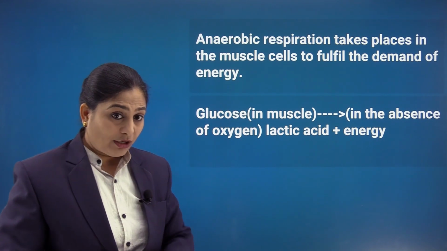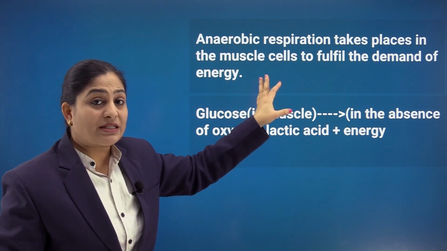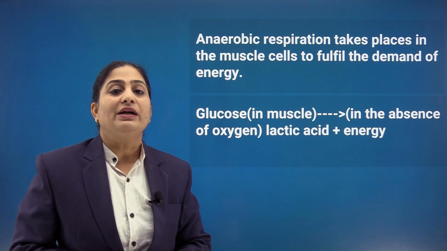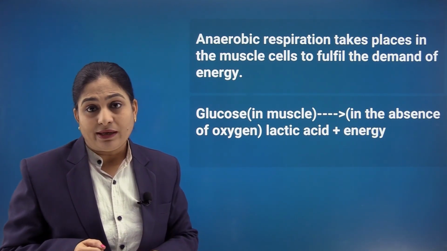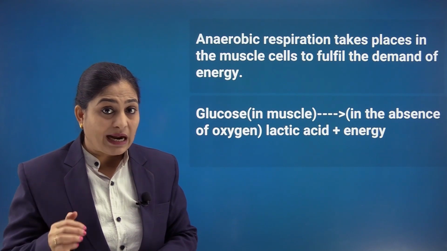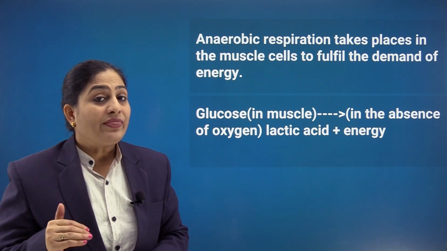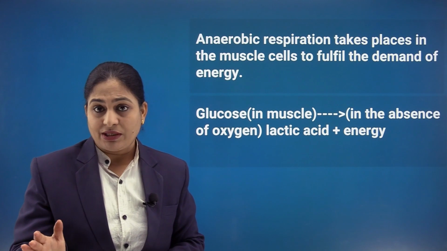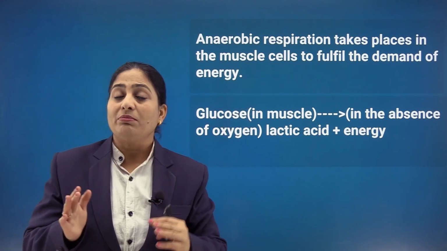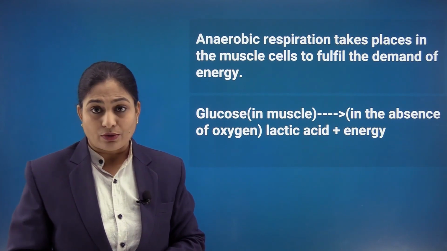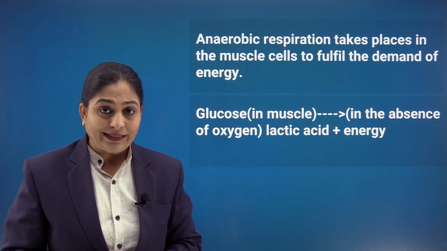Basically, anaerobic respiration takes place in muscles so as to fulfill the demand of energy. A quick demand of energy arises during exercise when we need a large amount of energy. In that case, if the supply of oxygen is limited, then muscle cells may have anaerobic respiration also. So what is the reaction that takes place?